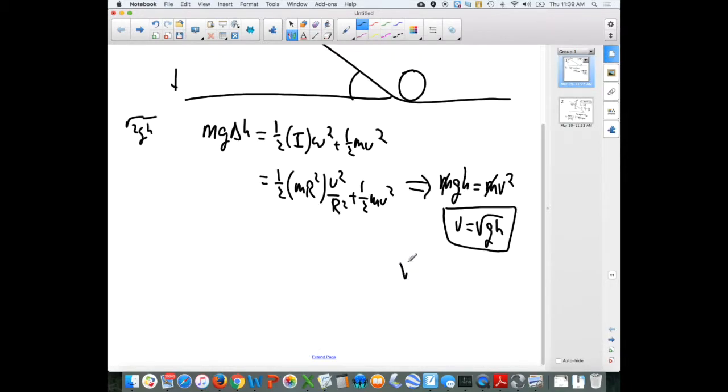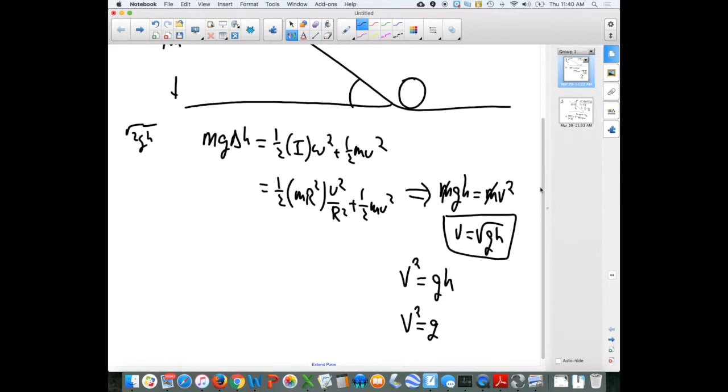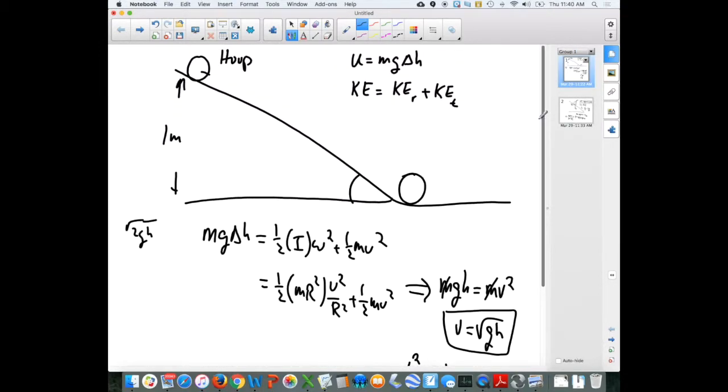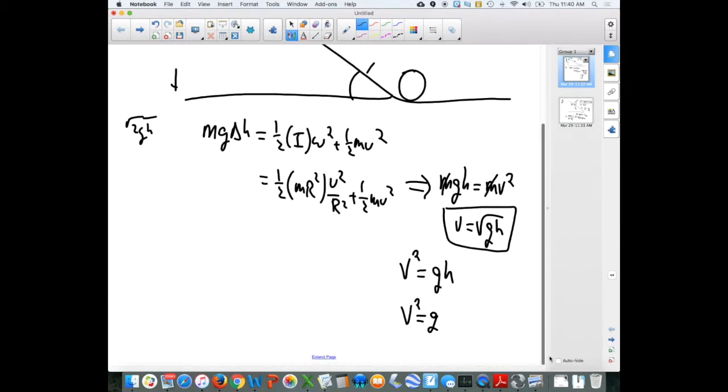I'm going to write that as v squared is gh, and in this case we could say v squared is equal to g times the h term, which just looks like d sine theta. So h is equal to d sine theta. Is that clear? Are we good on that idea?